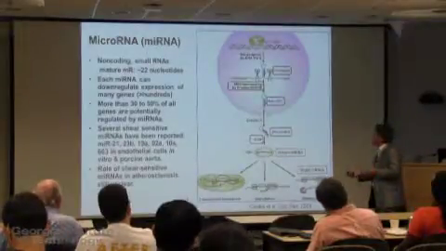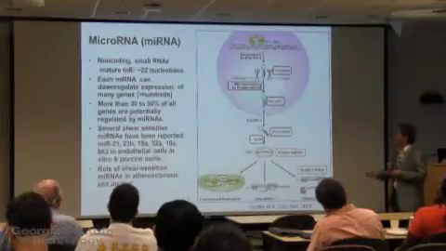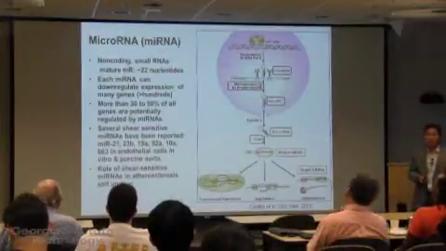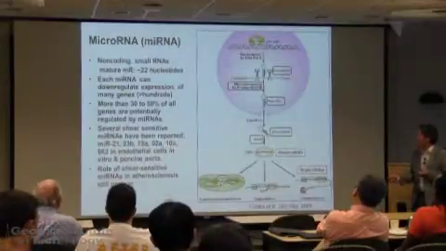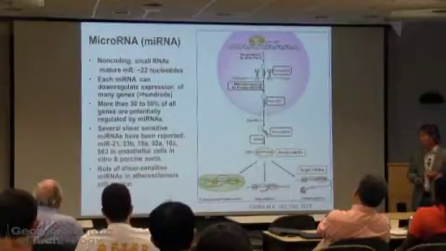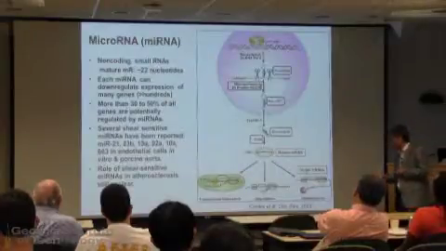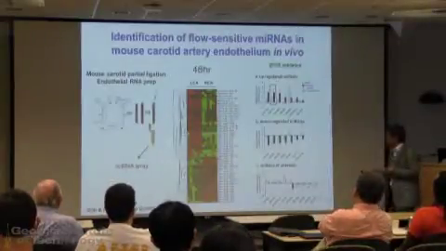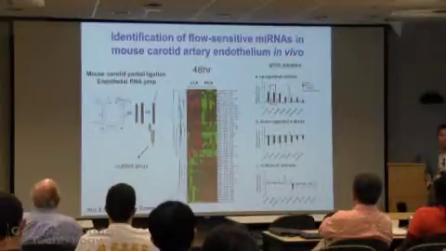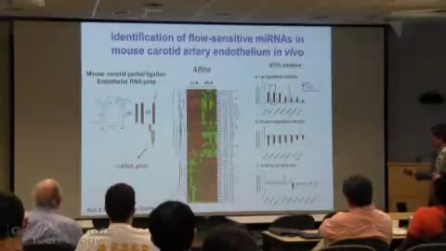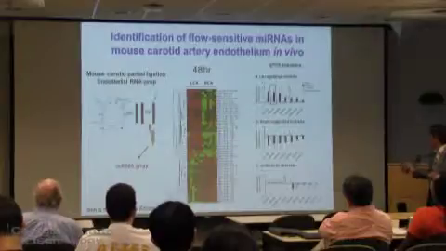And there have been many shear-sensitive microRNAs reported, but at the time when we first reported, there were no reports regarding whether any of these mechanosensitive microRNAs play a role in atherosclerosis. So this was our initial array data showing a lot of mechanosensitive microRNAs, and we have validated many of them.